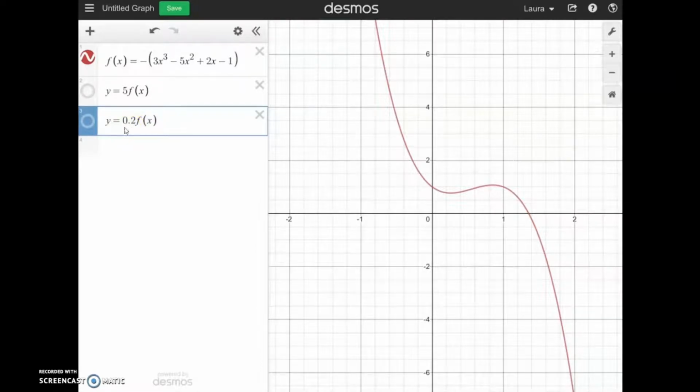All the y values are getting multiplied by 0.2. It sounds like this is going to be more of a compression, where things get smushed down close to the x-axis, because every y value is getting to be just 1/5 of its value. And so think about what the picture of this red graph will become once we do this. It is going to end up being a compression.